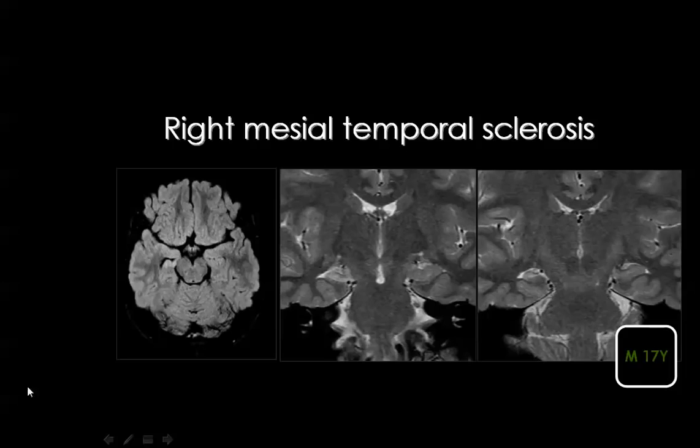Then if you see here, this is the temporal horn of the right lateral ventricle, which is relatively dilated compared to the opposite one, and you see this increased signal in the region of the hippocampus in relation to the temporal horn. And in the coronal images, you can easily appreciate the marked loss of volume of the hippocampus on the right side compared to that on the left side, with abnormal increased T2 signal in the affected hippocampus.